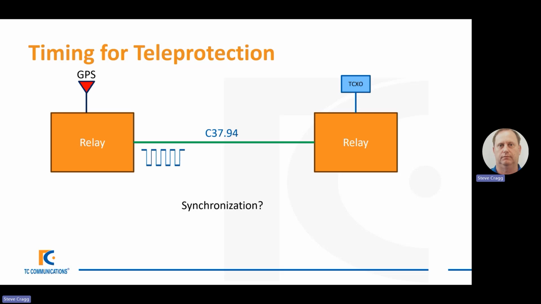However, C37.94, which is essentially a synchronous communication standard, actually does have a clock associated with it. Now, when we talked about synchronous communications, we understood that a clock is not actually a real-time clock.